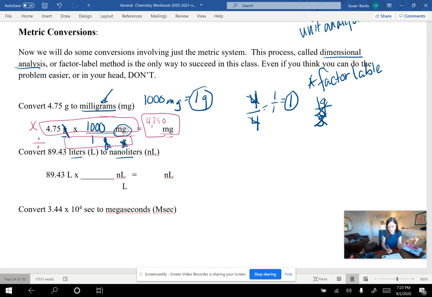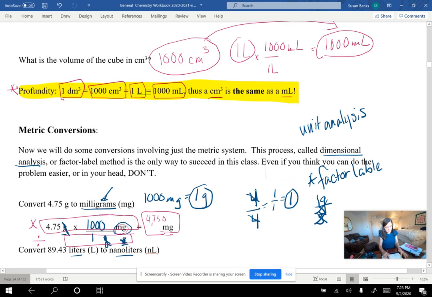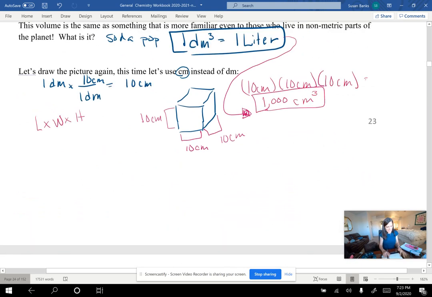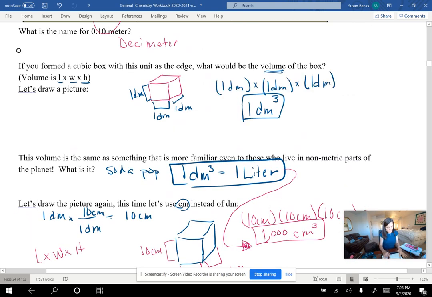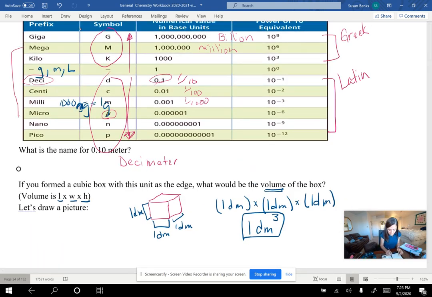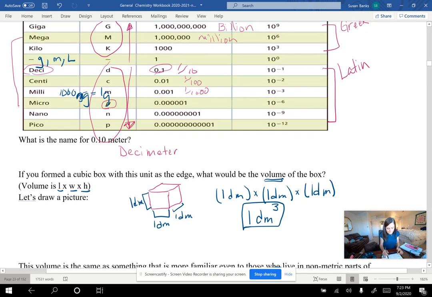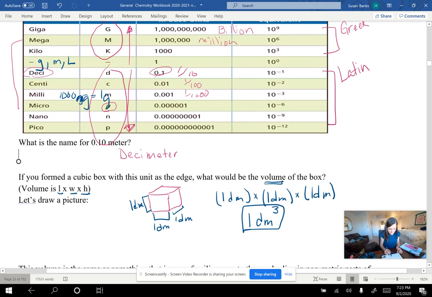Now, nano is Latin, so I know it's smaller. How small? Let's see. Nano is 10 to the 9th. There's 1 billion nanometers or nanoliters in 1 liter.